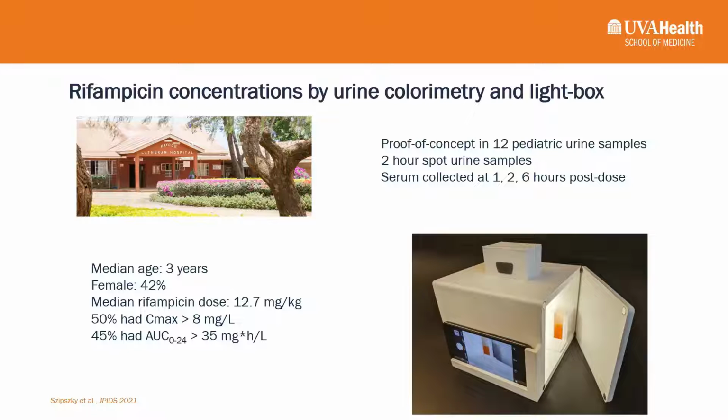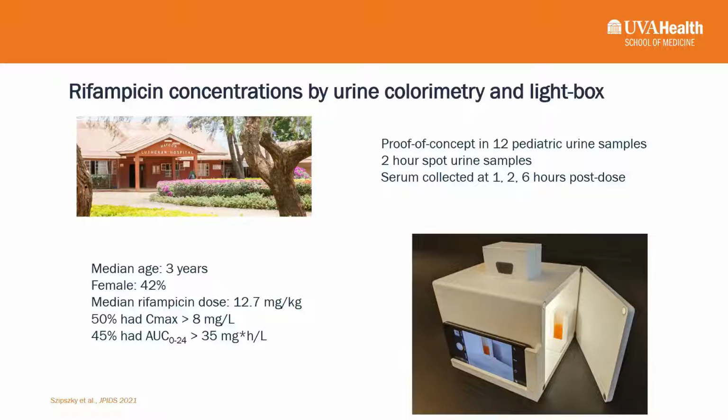All the patients of this study were outpatients, still in the intensive phase, and they were recruited. They were part of a larger pharmacokinetic study, recruited at Haydn Lutheran Hospital, which is in rural Tanzania. For this study, we picked a convenient sample of 12 pediatric urine samples, making sure we picked a few with high serum rifampin concentrations, some with medium, and some with lower concentrations, just to check the validity of the assay.